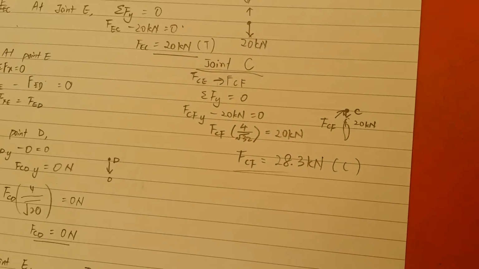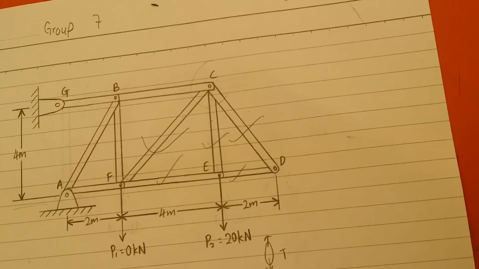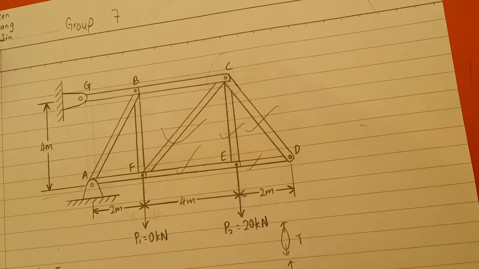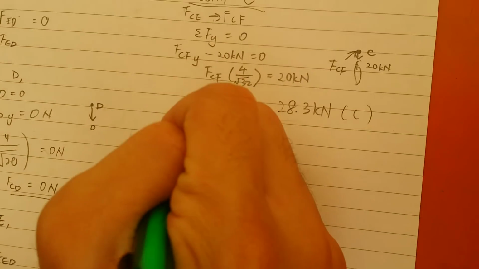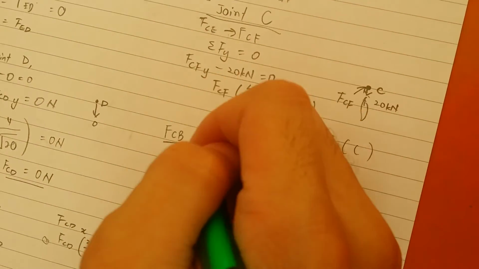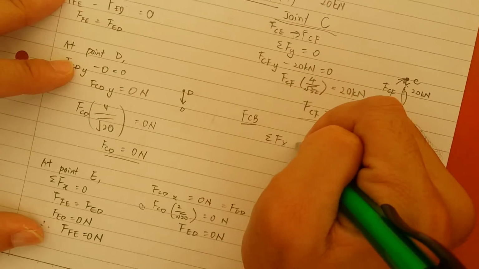I see the force FBC is on the x-axis, so we can use the summation Fx equals 0 because it is in equilibrium. Also at joint C, the summation of Fx is equal to 0.